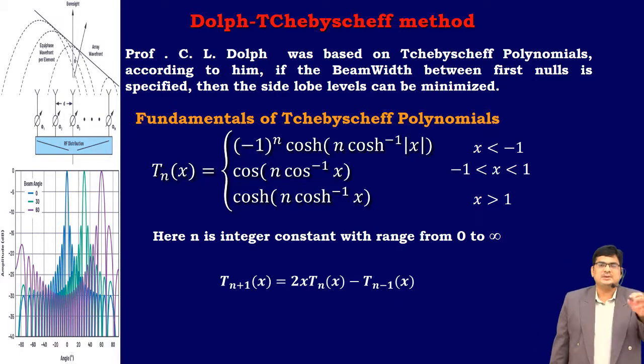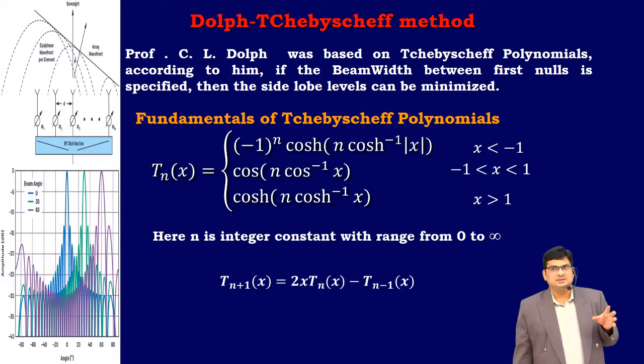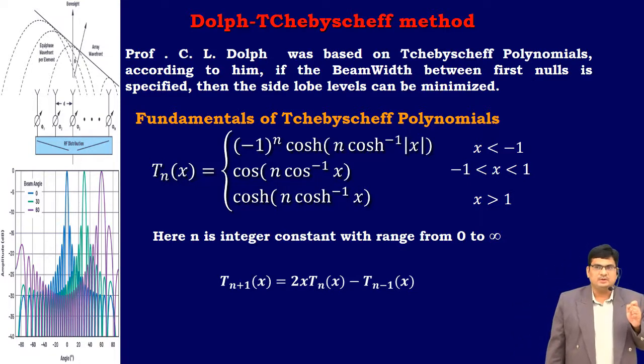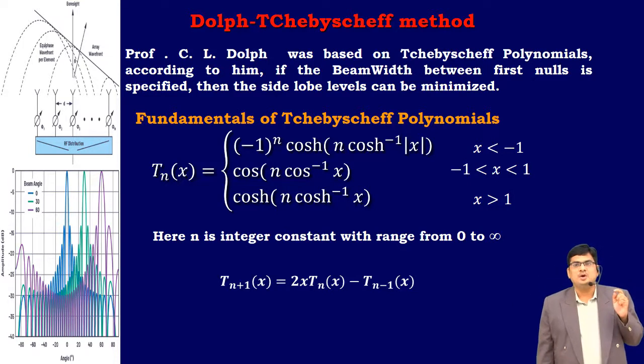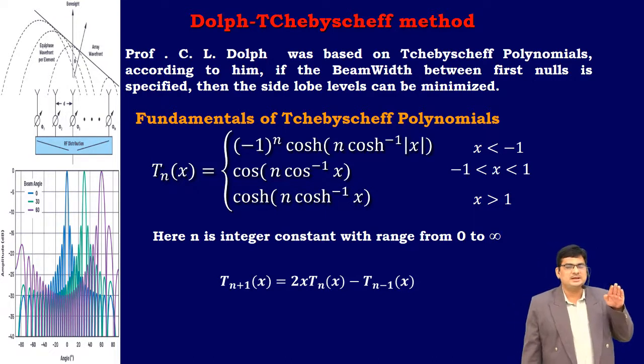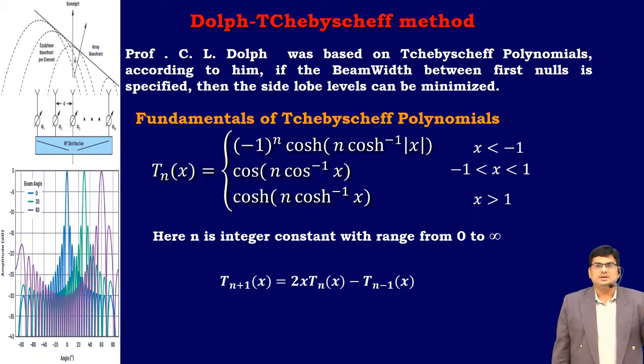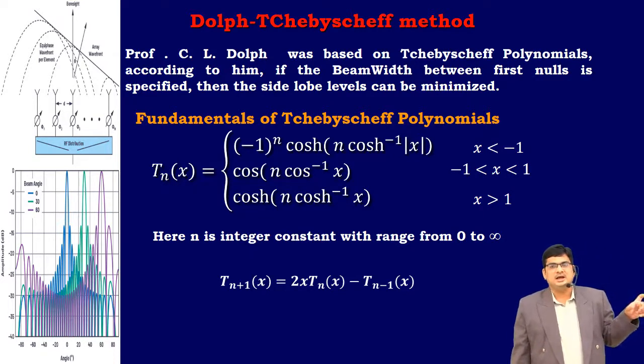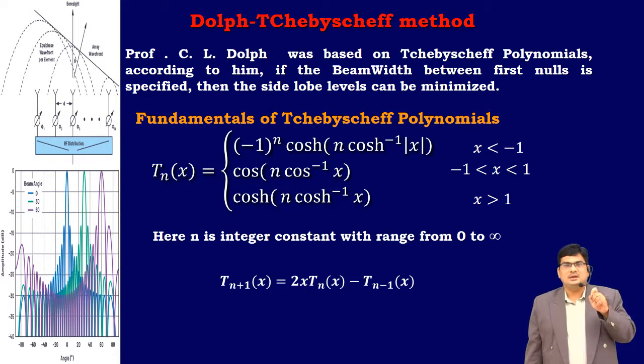This Dolph-Chebyshev method was invented by Professor C.L. Dolph using Dolph-Chebyshev polynomials. It is a compromise between the uniform amplitude distribution method and the binomial array method.